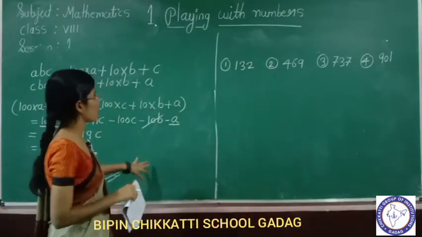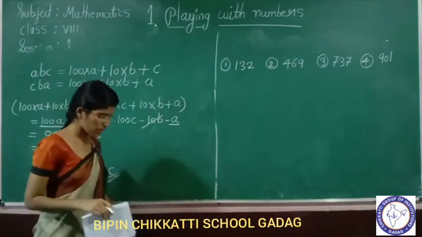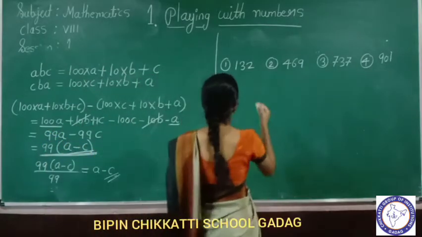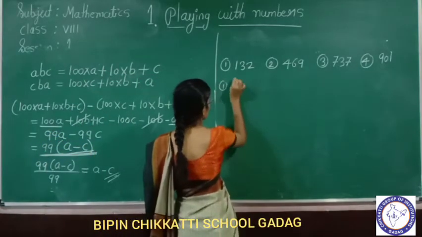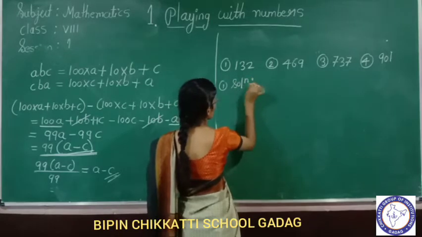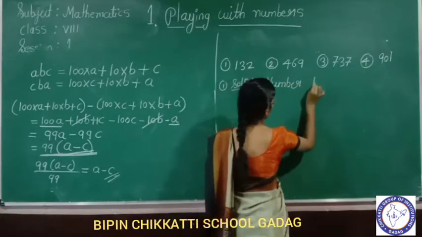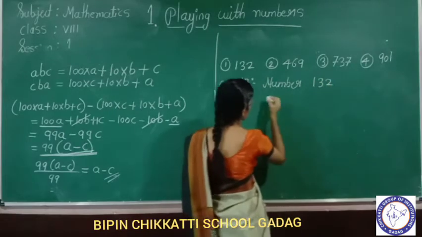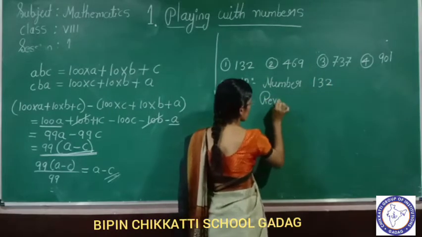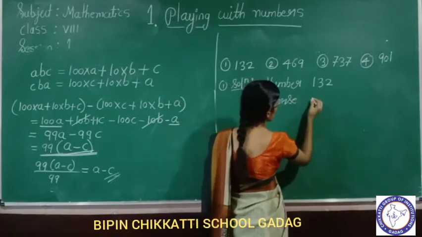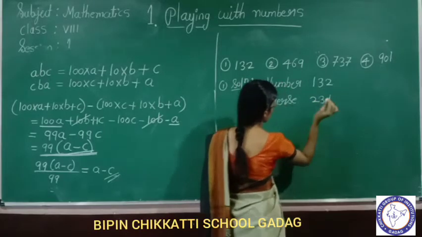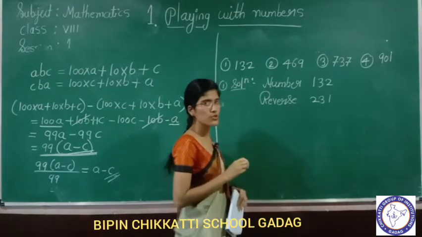Follow the same procedure. What we have to do: take the number. First one, solution. Now, what is the number? The number is 132. Reverse it. If we reverse, we get 231. Afterwards, what we have to do, students?